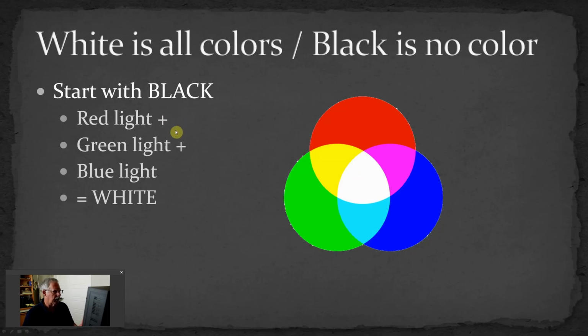So think of red plus green plus blue equals white. Your monitor, your phone all have red, green, and blue pixels that light up and shine with red, green, and blue, corresponding to the red, green, and blue values at each pixel in the image it's displaying. And if all 3 are illuminated, what you see is white. If none of the pixels are illuminated, then what you see is black.